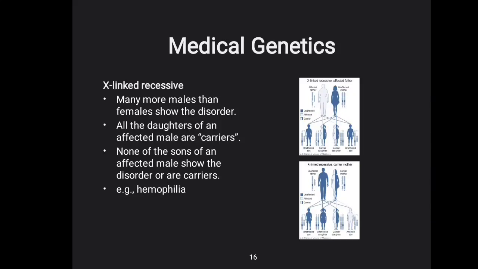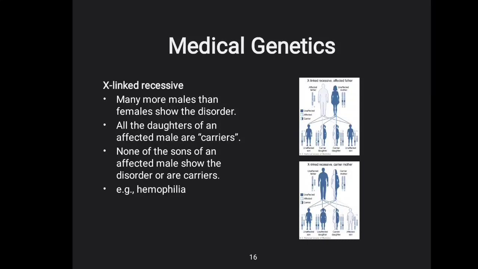What does it mean? Father has the X chromosome, so father transfers his X chromosome to his daughter. So if the father has the allele that causes the disease, then it must be transferred to his daughter, because the father's X chromosome will be transmitted to his daughter.